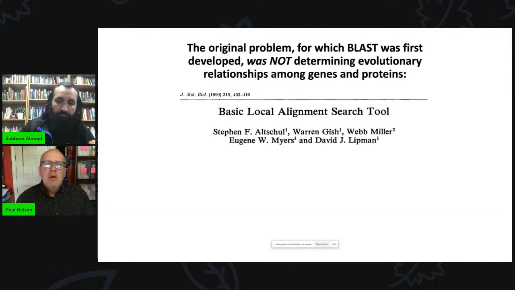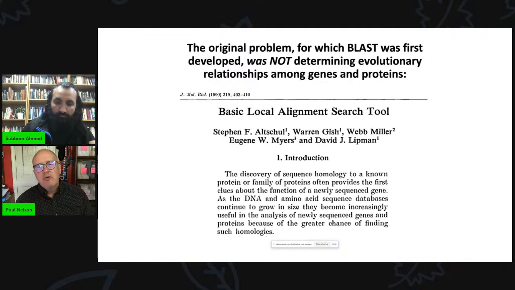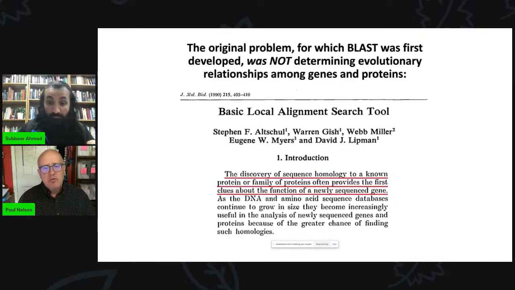Now, very few people know this. I didn't know this until I went and looked. I got the original BLAST paper, 1990. When BLAST was formulated originally, it had relatively little to do with evolutionary theory. It was a tool for getting function clues from sequences, right?